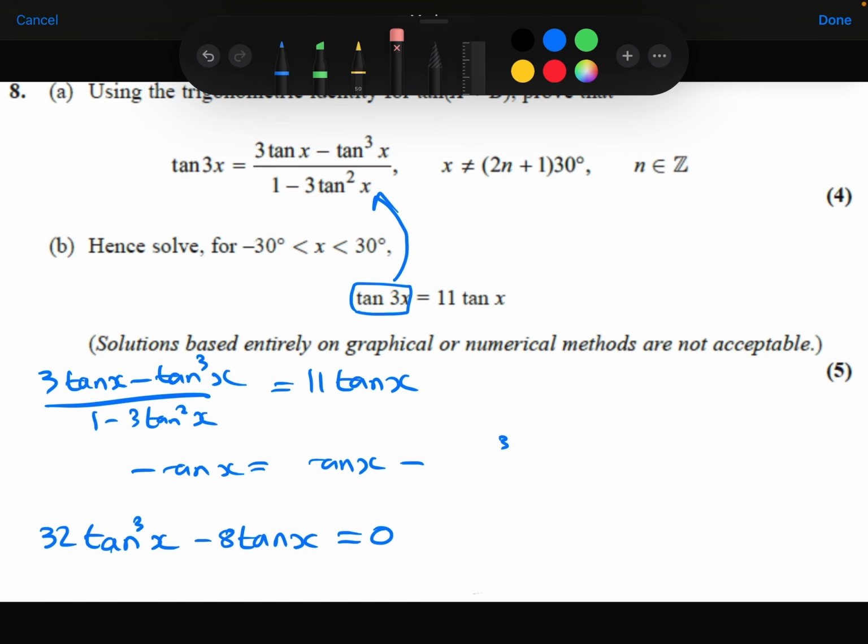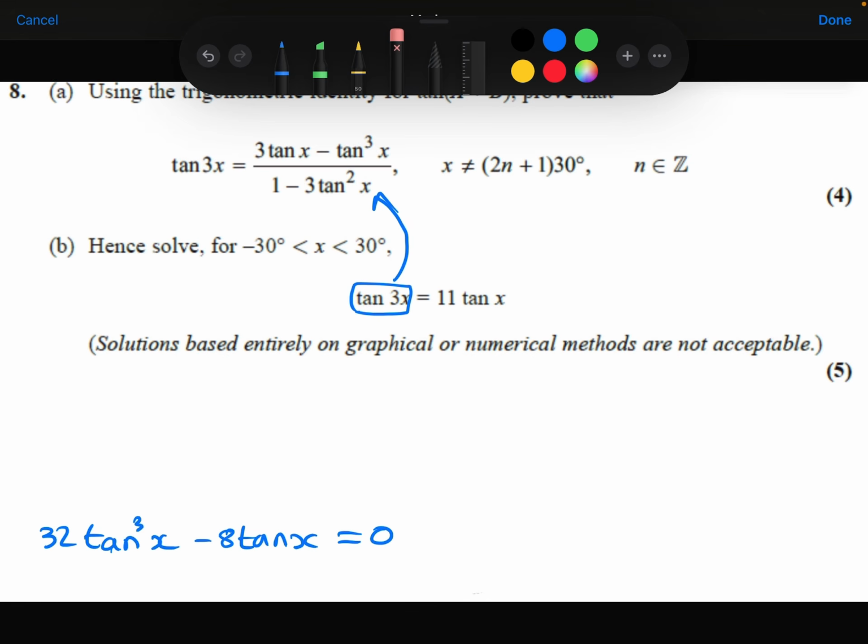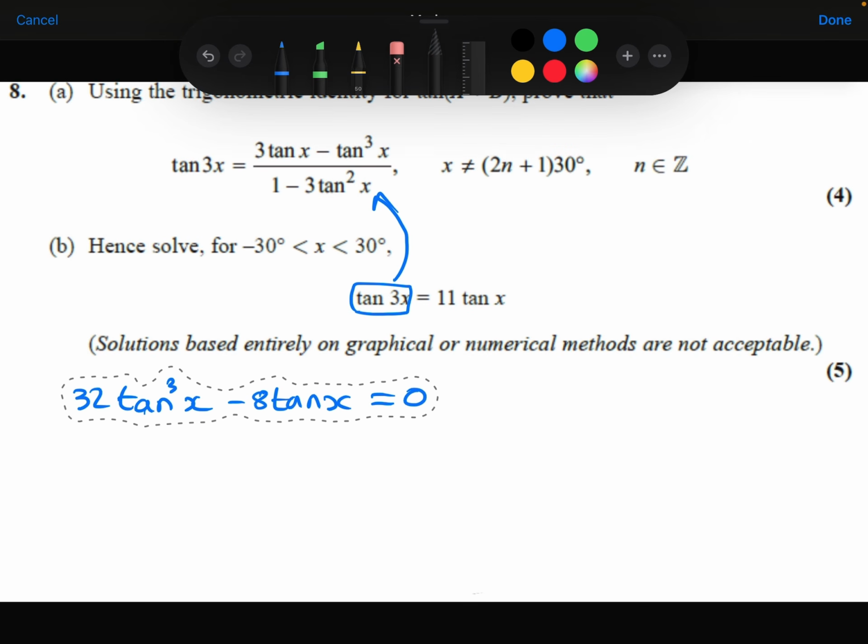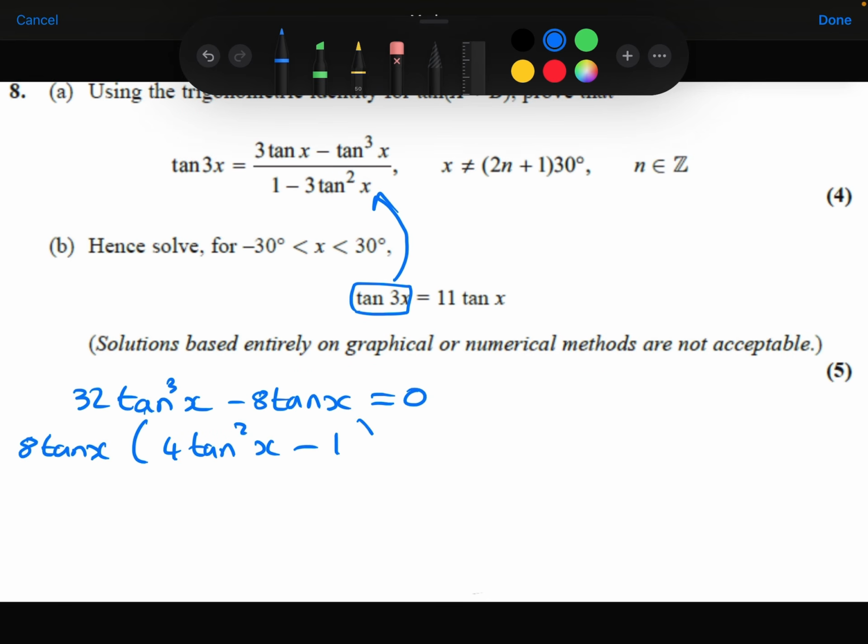Just give myself a little bit more room because I'm now going to factorise. That's my next step, because we have an 8 tan x in both of these terms. So I can now say that either 8 tan x equals 0 or 4 tan squared x minus 1 equals 0.